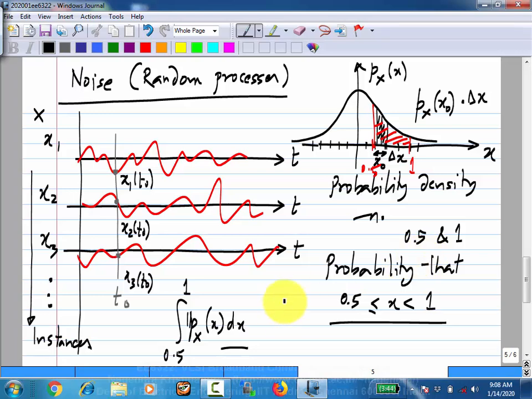And obviously, if you integrate over all values, what will you get? 1. So that means that x will be obviously somewhere between minus infinity and infinity. These things you know from basic probability, right?